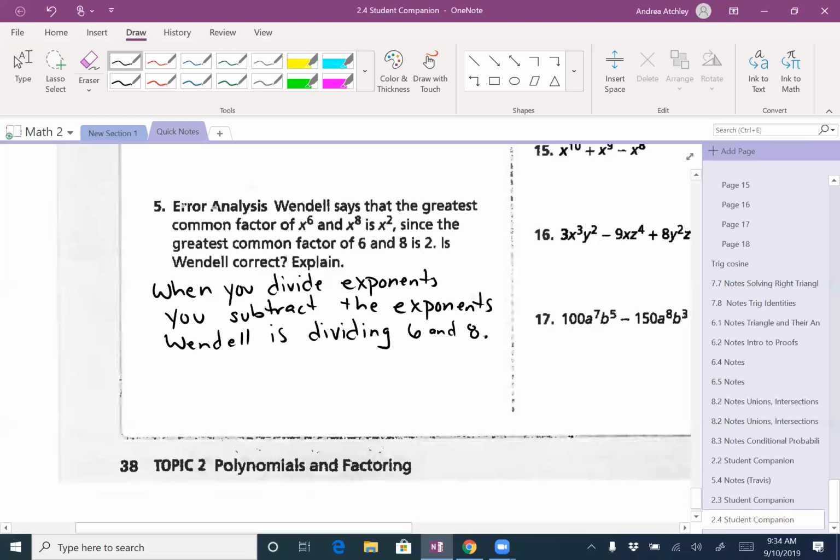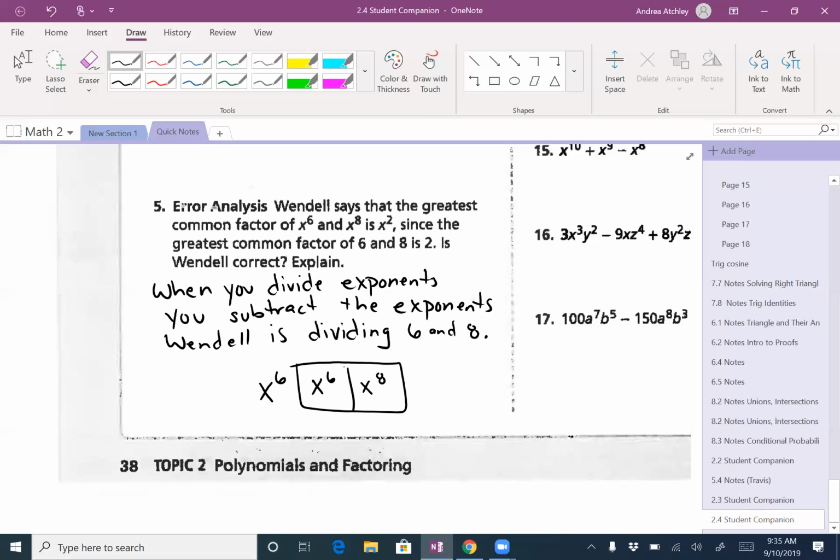Okay, so again, if we looked at 6, x to the 6th, and x to the 8th, what we are saying to do is look at the smallest amount of x's I have. Okay, what's the smallest exponent here? 6. So x to the 6th is the GCF. Because I can divide them both by x to the 6th. Because I'm subtracting exponents, not dividing exponents.